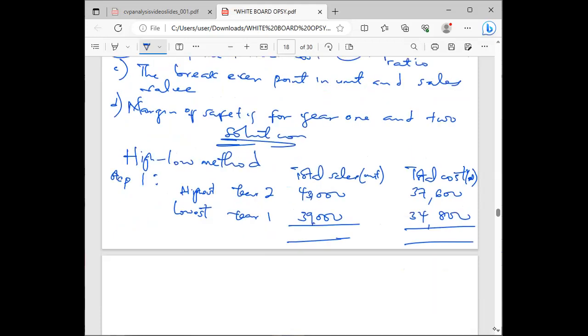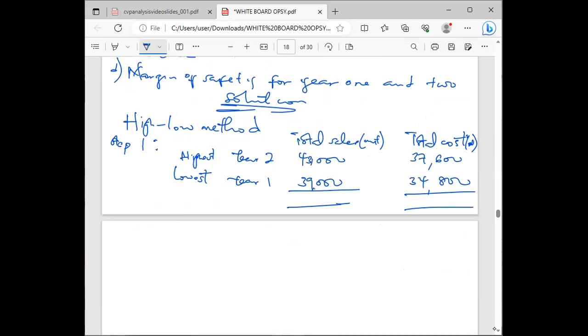The next step is to find the difference between these two. Find the difference between the highest and the lowest. So 43,000 minus 39,000, this will give us 4,000 here. And 37,600 minus 34,800, this should give us, please, you can help me with that. 2,800.